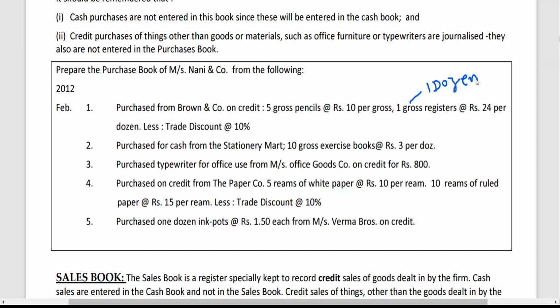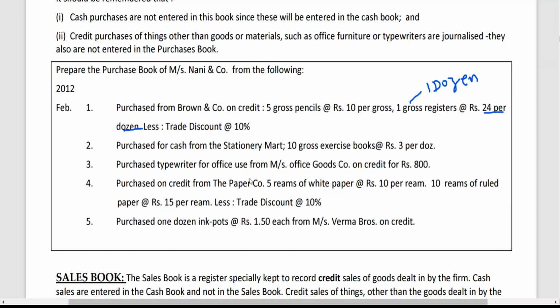1 gross is equal to 1 dozen, because he has given 24 rupees per dozen. 1 gross is generally an engineering measurement. When we talk about 1 gross, it can be taken as 1 dozen depending upon the small one or the big one. If it is the big one, it is 12 squared, 144 items. It is a technical, physical measurement.